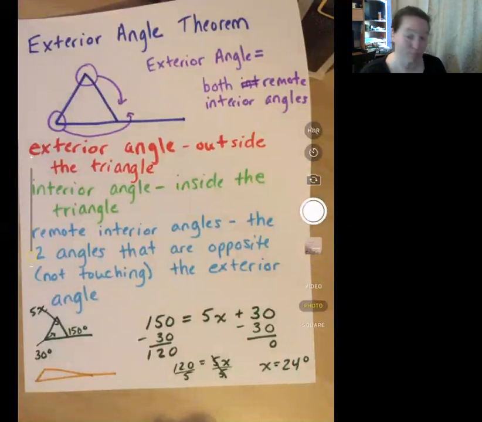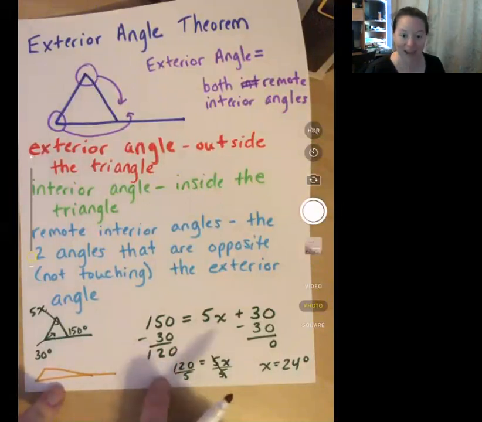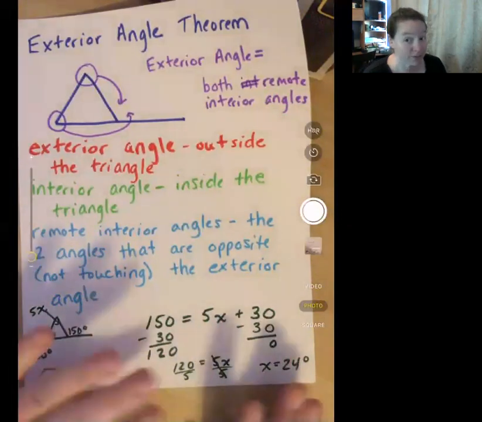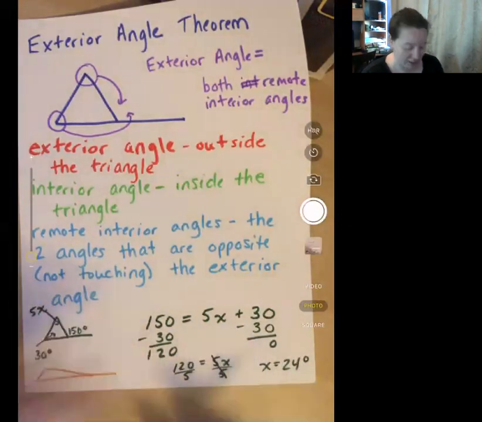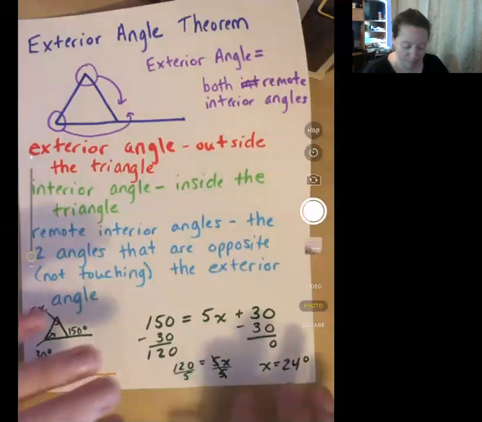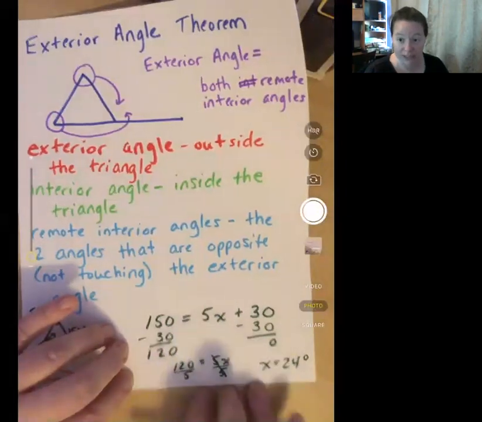I completely messed up when I was drawing the thing. All right. So this is what the triangle that goes with this particular problem actually looks like. The math is fine. It's just my drawing's off. Okay? So the math, this is exactly how you do it.